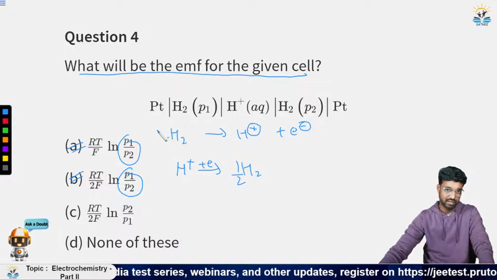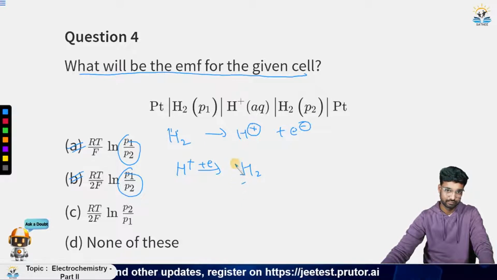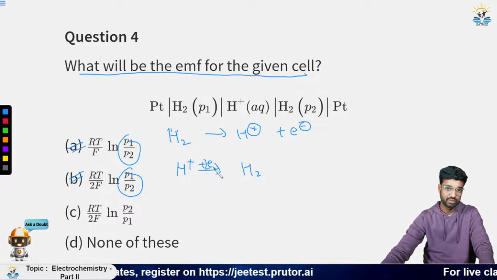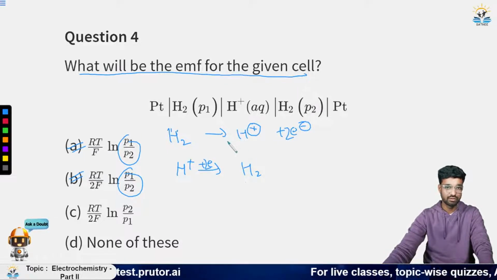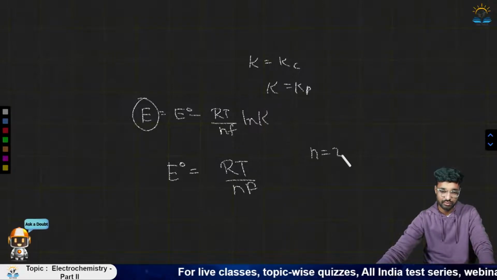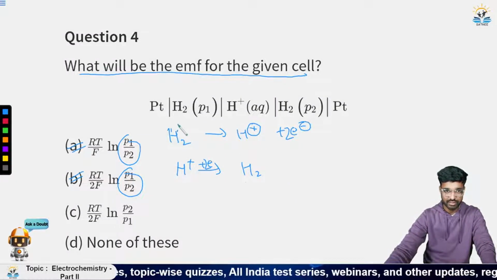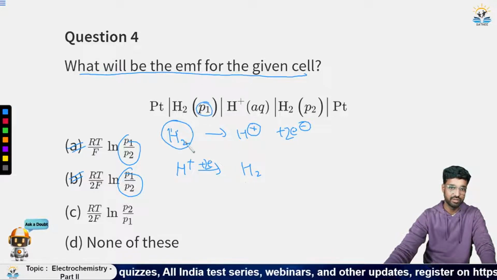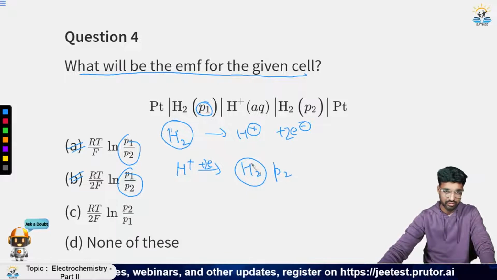Or you can write it either way also, if you want. So two electrons here and two electrons here. So what is the number of electrons involved? n will be equal to 2. And H2 which has a pressure of P1 is on the left side, and H2 which has a pressure of P2 is on the right side.